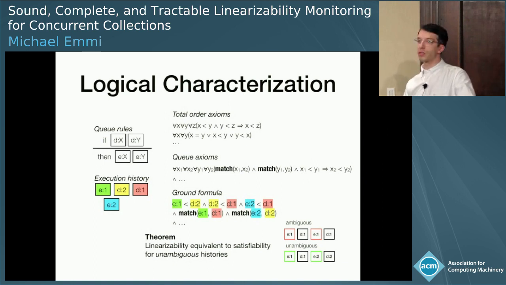So an ambiguous history is one which adds the same element more than once. In this example I have here, the element 1 is enqueued twice, so this is an ambiguous history. An unambiguous history, on the contrary, is one where every element is enqueued at most once. I'll get to the soundness of this particular assumption, the restriction to unambiguous histories, later.